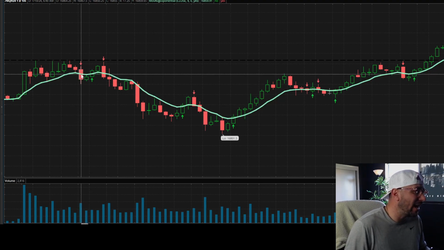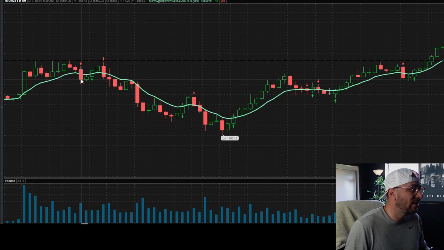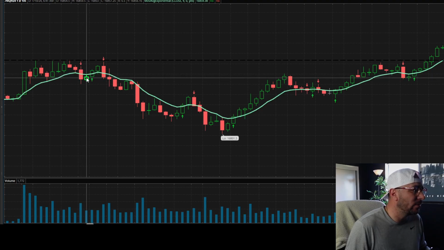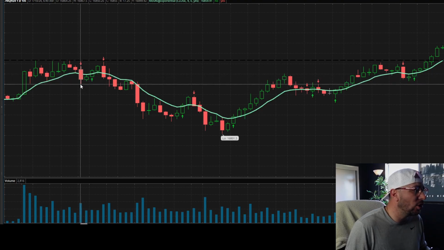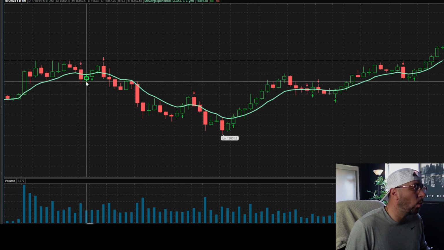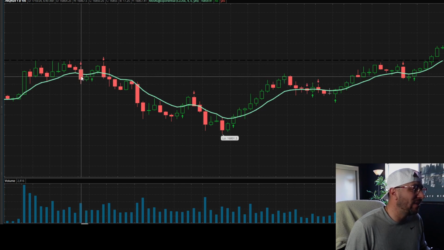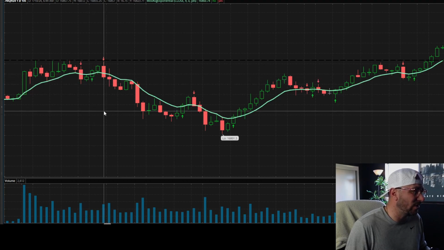Notice how this candle closes below the 9 EMA. However, in order for us to be triggered into a trade, we need the following candle to confirm the low price, or the low wick, of the candle that closed below the 9 EMA. Hence, this setup does not give us a reason for entry.